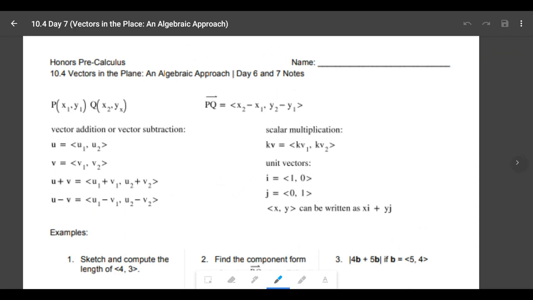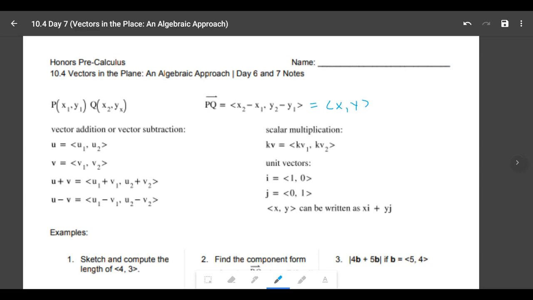So for this first part here, it's telling us that if we have points P and Q, then we can find vector PQ in component form by taking my x and y values in Q, subtracting the corresponding x and y values in P, and getting vector PQ in that component form. Remember that component form yesterday we said was just simply x comma y.